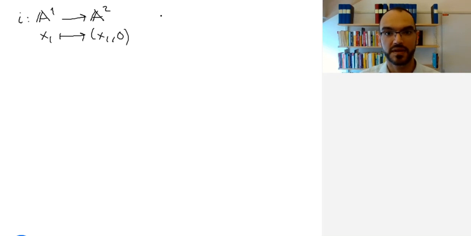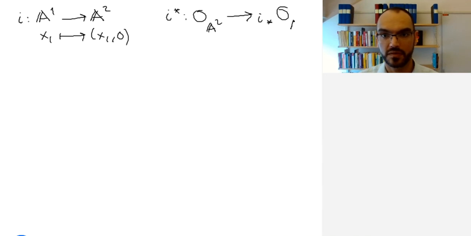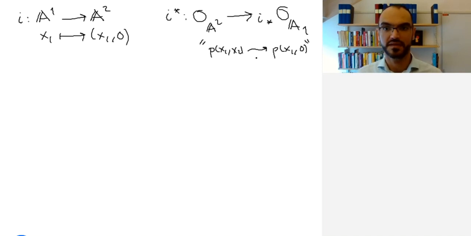This corresponds to a map i^* from O here to the push forward of O of A^1. And this map simply can be thought of as the second coordinate is mapped to 0. So if you have a polynomial in x_1, x_2, this will be mapped to the polynomial in x_1, 0. That is roughly the idea.